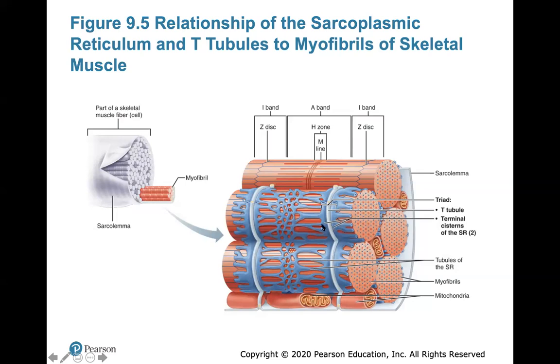And again, this is what will carry the electrical impulse down. So the electrical impulse from an action potential, when your muscles are stimulated, that action potential will travel down the T tubule, and then that action potential causes calcium to be released from the terminal cisterns of the sarcoplasmic reticulum. And that calcium, again, is important for binding to troponin, that protein on actin, which will allow myosin heads to again bind to actin.